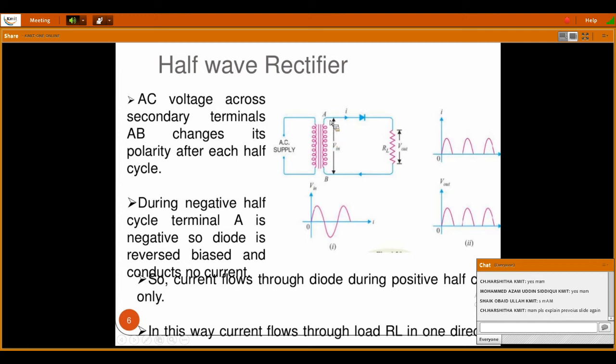The polarity at the secondary of the transformer, marked as B on this slide: A will be maintained at positive potential, and B at less positive than A. So A is positive, and it is connected to the anode of the diode. So positive to anode, P and N, so the diode will be forward biased.